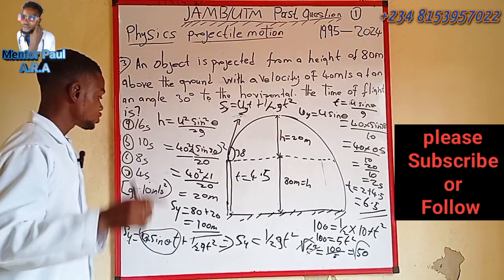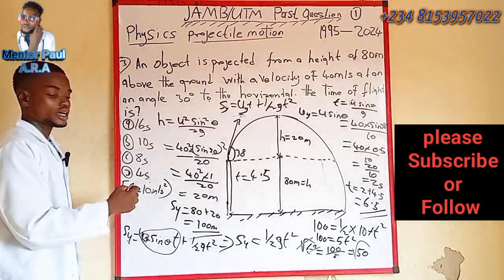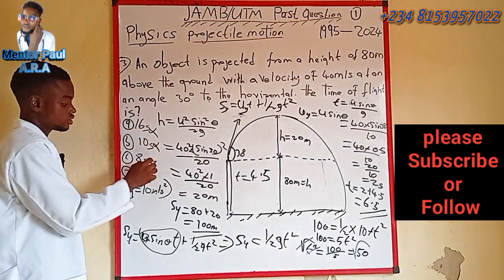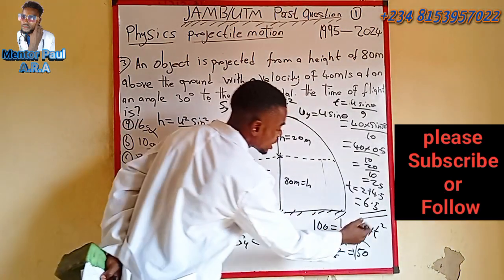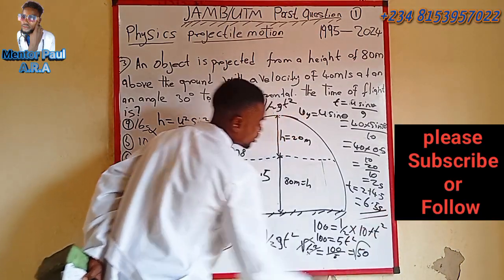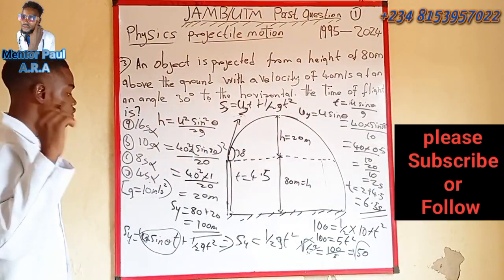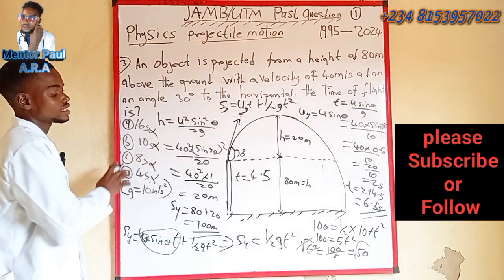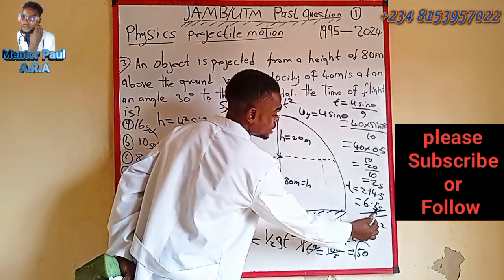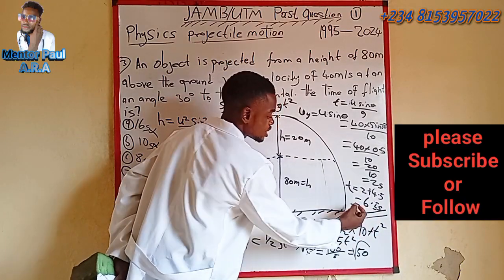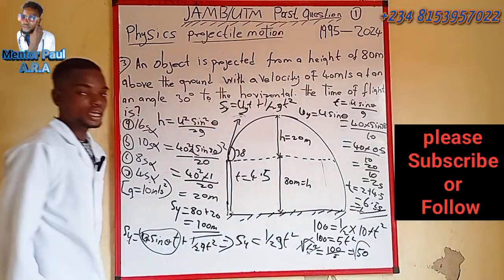Now if you look at the options, there is no correct option here. This option is wrong, this is wrong, this is wrong, and this is wrong. So there is no correct option, whereby our answer is 6.5 seconds, and that is the correct answer. Now, whereby you do not have the correct answer in the options, what you need to do is approximate this: the 6 will now become 7.